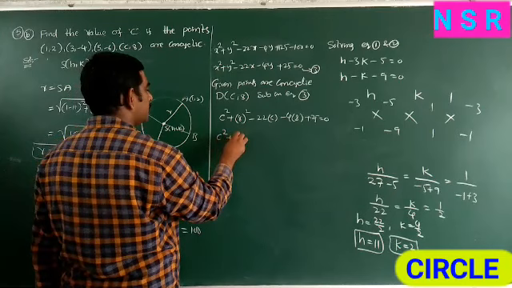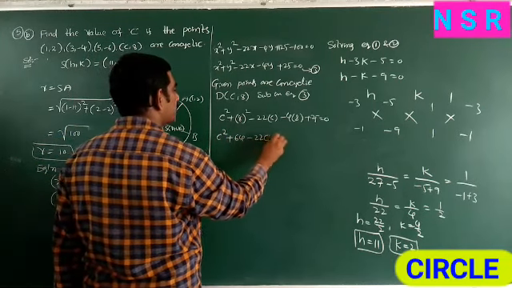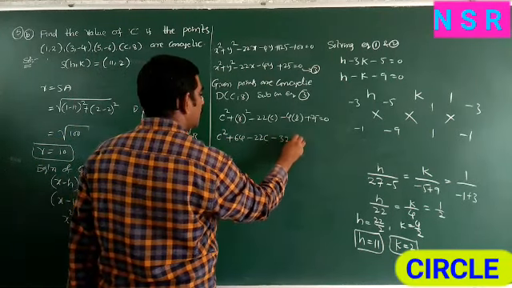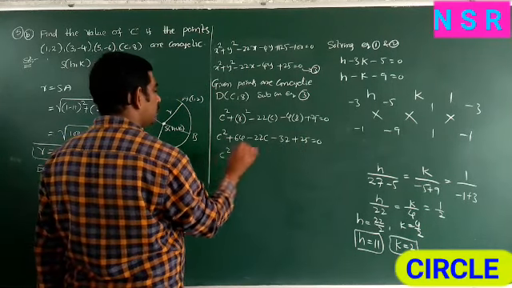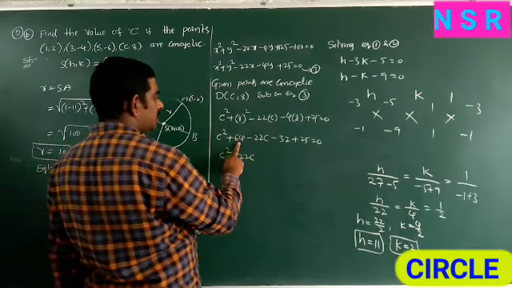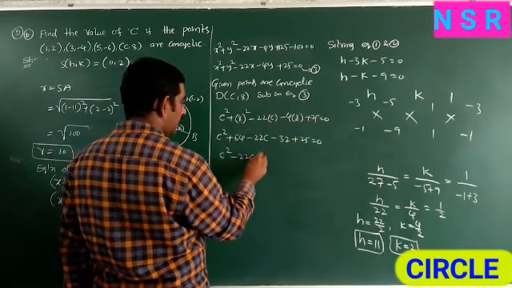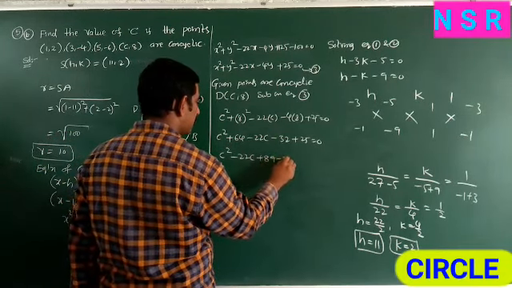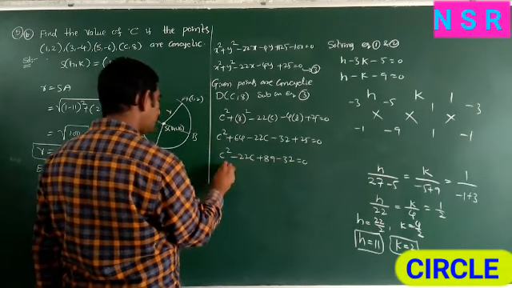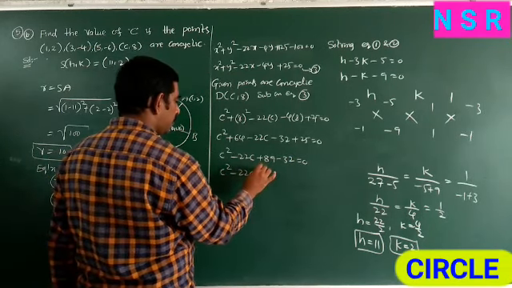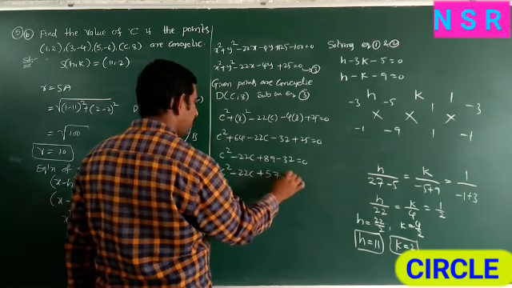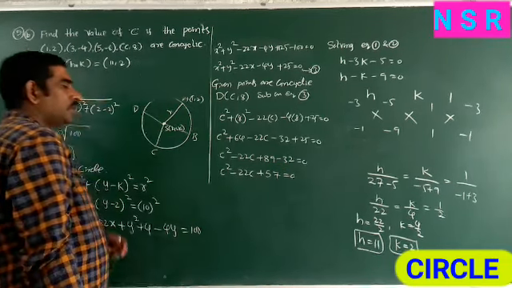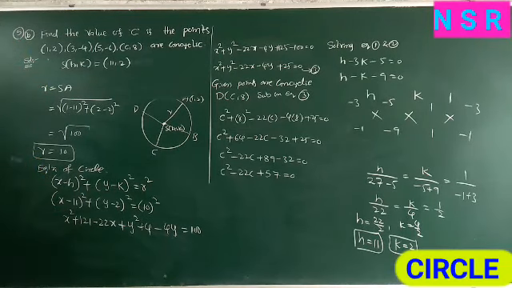C square, 8 square 64, minus 22c, minus 32 plus 25. So c square minus 22c, 64 plus 25 is 89 minus 32, 57 equal to 0. So we get c square minus 22c plus 57 equal to 0.